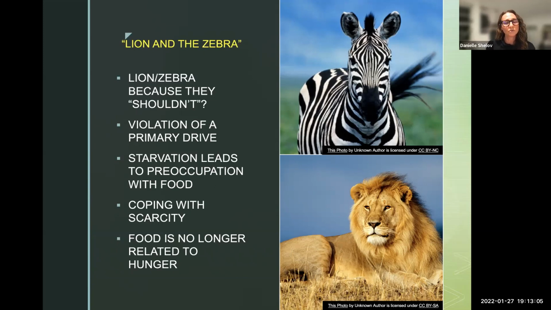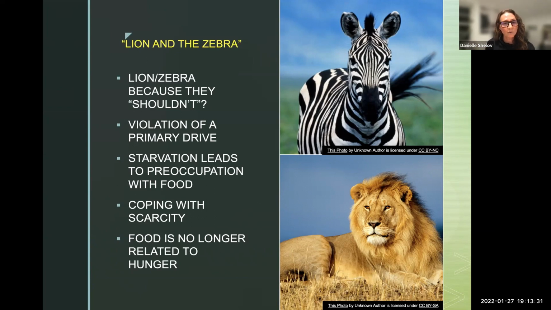And so what we start to realize is that by inhibiting our primary drive, this is all that we start to think about. But the other thing it does is that it turns on a system within us that thinks that there isn't any food around, right? Because it's unnatural. Lions will naturally hunt zebras, and humans are supposed to naturally eat when they're hungry.